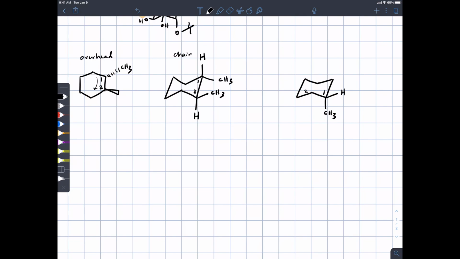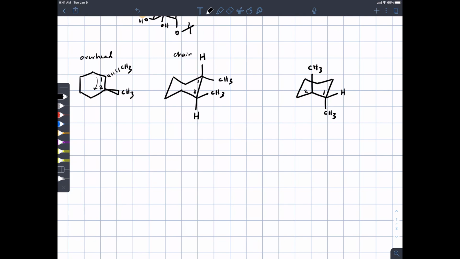And similarly, when carbon 2 is at an up position in the chair, the substituent on carbon 2 that is up has to be axial. So I think this is what you were noting, that if I had put carbon 1 at a down position, both of the substituents would be axial.